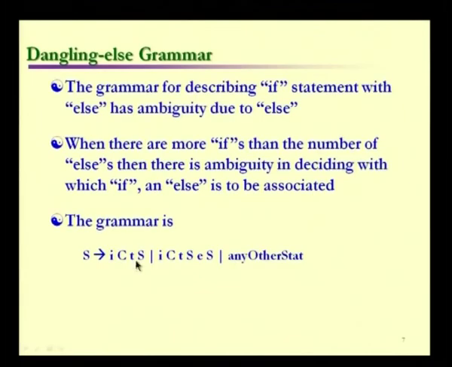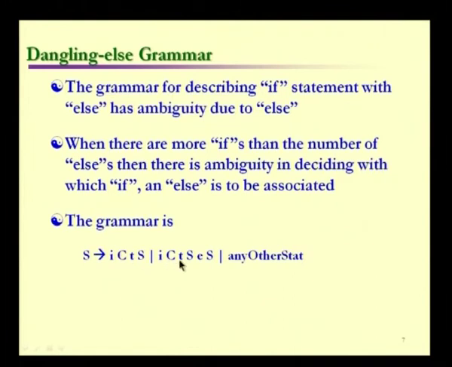If the grammar is not properly written, then we will have this dangling else problem, so that some unexpected behavior may happen as far as the execution of the program code is concerned. So, we will go for the grammar given here. We have S derives if, condition, then statement, which has only the then part.